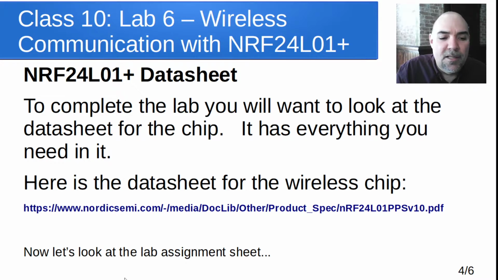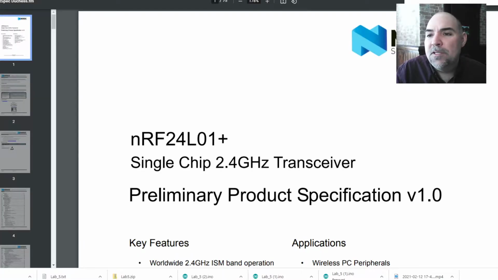And as a quick aside here, let me just pull up that data sheet quickly and take a look at it. Let me switch that over so you can see the data sheet for this. Okay, so here's what the data sheet looks like for that part.